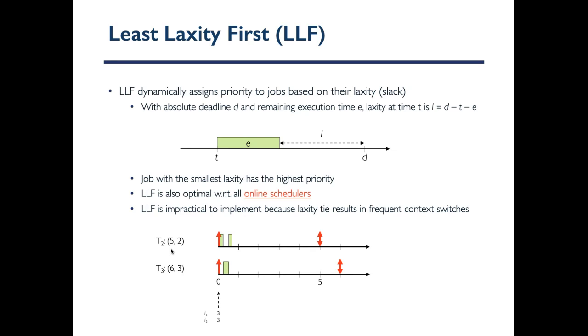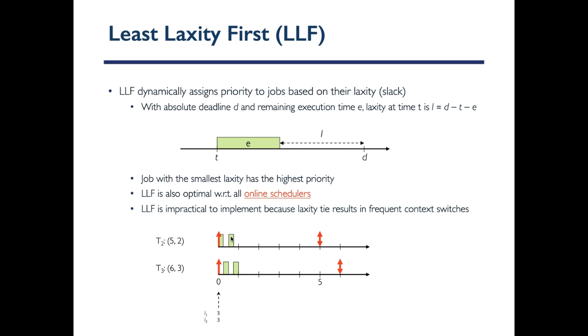Let's say we start with T2 for a time unit. The moment we start running T2, T3's laxity goes down because we haven't executed it, and as a result, the priority of T3 goes up, so you have to execute T3 next time unit. And then after this, you again get to a state where you have equal laxities.